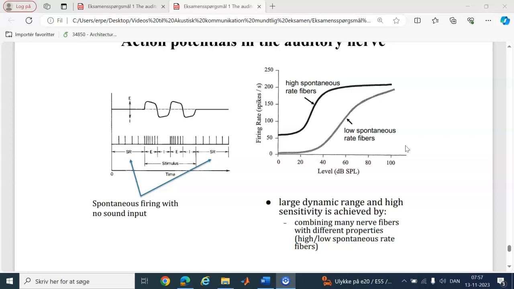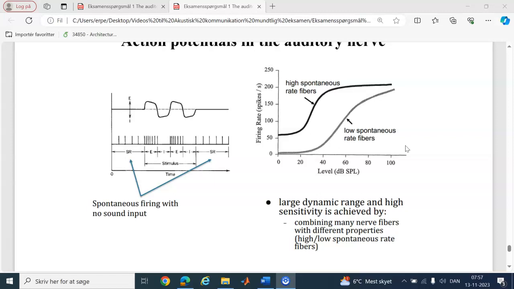The firing rate goes up to about 200 spikes per second. With high spontaneous rate fibers, from a level of about 20 to 40 dB, the firing rate increases from about 50 up to the maximum of about 200 spikes per second.